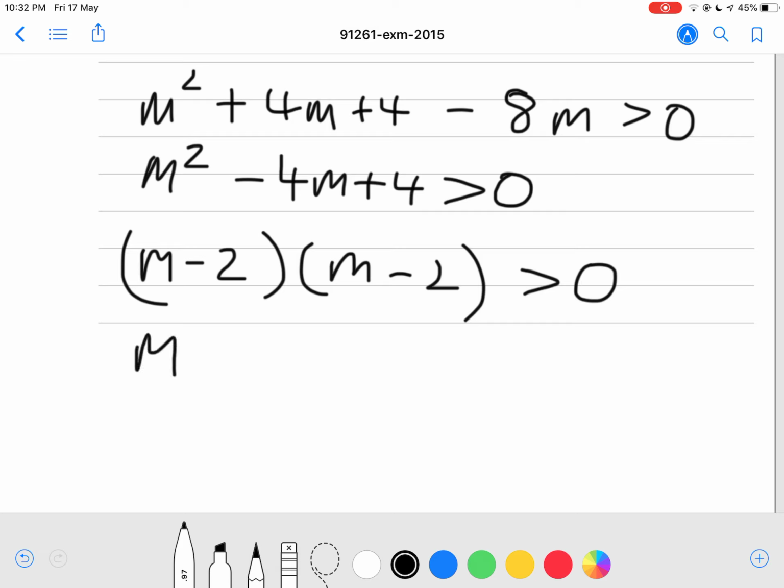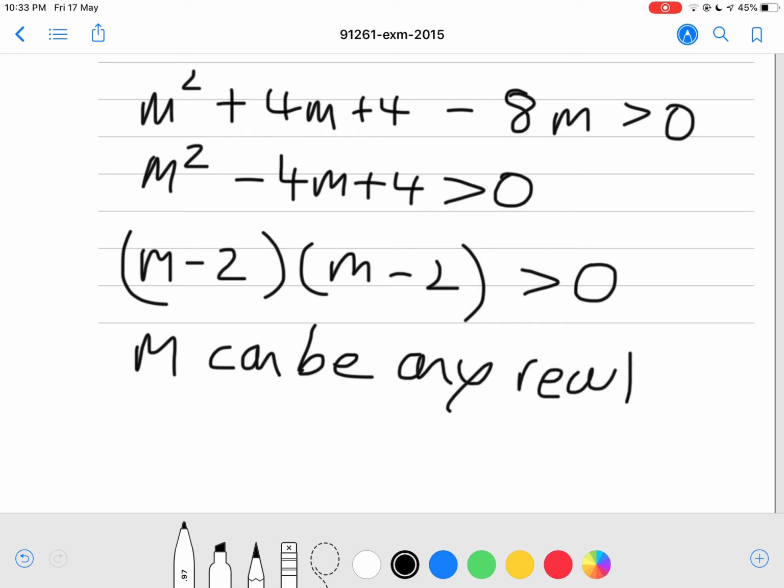So basically you can just say m can be any real number. Even if m is, for example, negative 8, then negative 8 minus 2 is negative 10, and negative 10 squared is 100. 100 is still more than 0, because a negative squared is a positive, and a positive number is always bigger than 0.